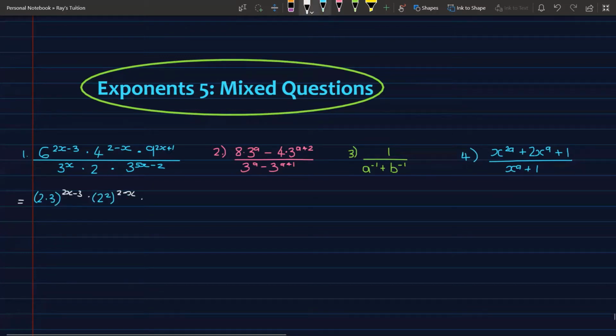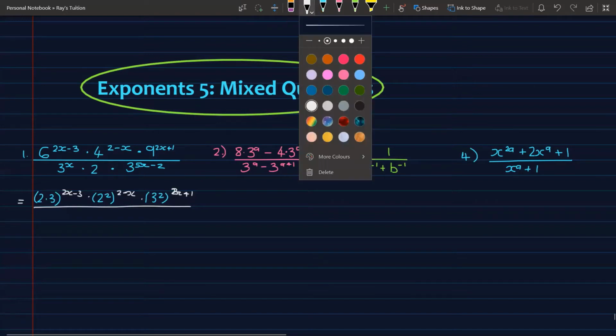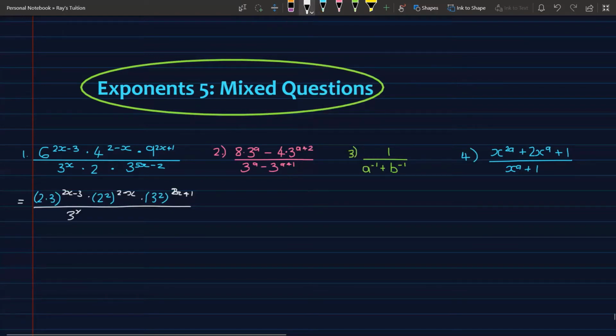And 9, we're going to replace with 3 squared, and that's the power of 2x plus 1. All over 3 is already 3, the denominator is already prime bases, so we can leave that as is.